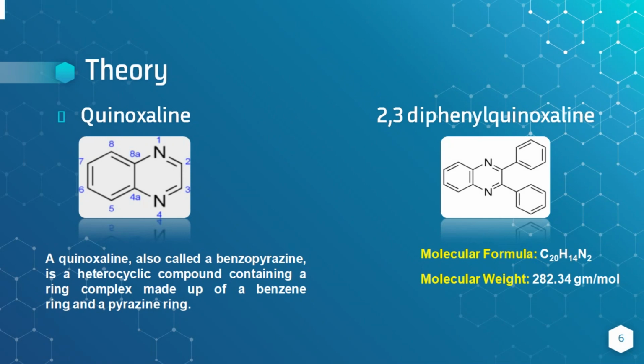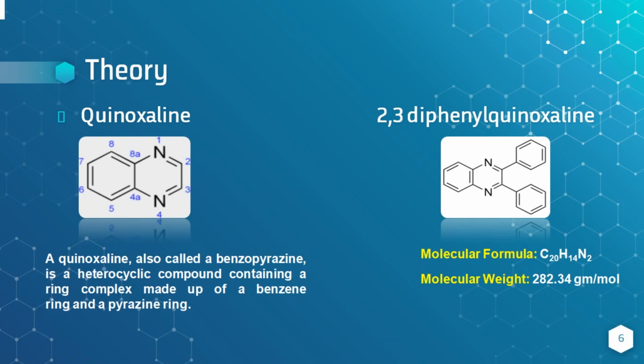Now let us see about the compound which we are going to synthesize, that is 2,3-diphenyl quinoxaline. So basically this compound contains a quinoxaline ring. So let us first see about quinoxaline. Quinoxaline is also called benzopyrazine.